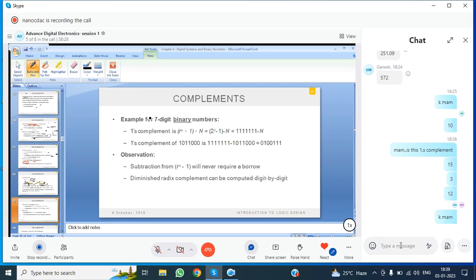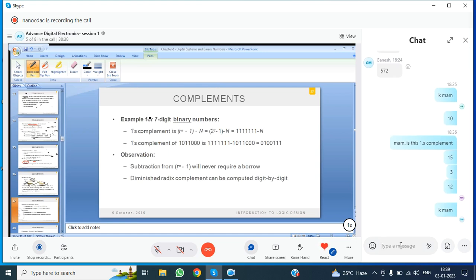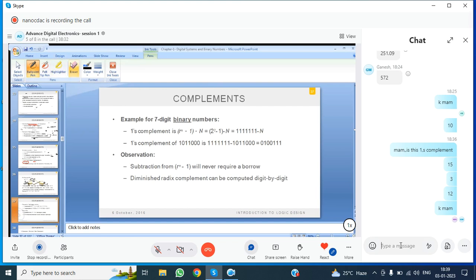Next one is complements for a 7-digit binary number. So here we will be using that radix method only. For a 7-digit binary number, we will take 2 power 7 minus 1 minus n.